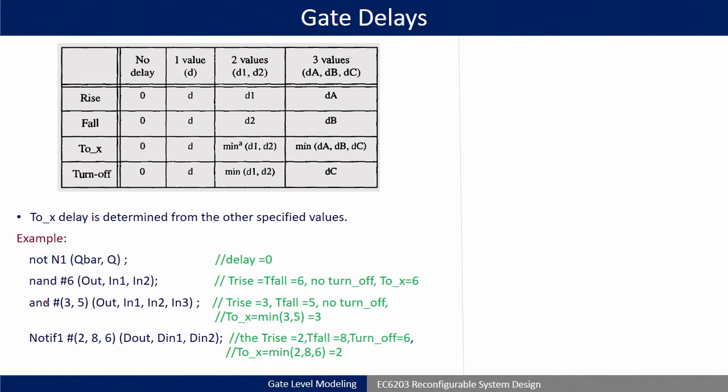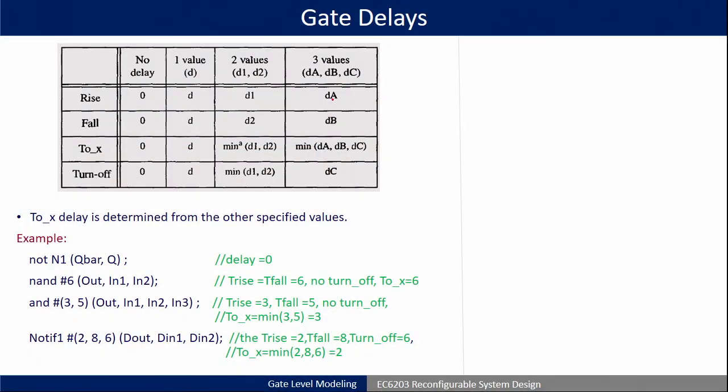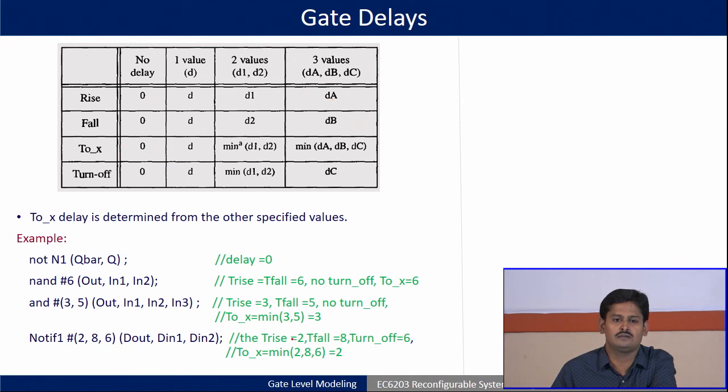Unlike all these gates, which only take 0, 1 or x, a 3 state logic, notif1 may attain a 4 state logic, output 0, 1, x and Z. So, if 2 is my dA, then the rise delay is 2, the fall delay will be 8, and the third one is called the turn off delay, that is 6 time units. So, if you find the transition to x delay, it will be the minimum of all these 3, dA, dB, dC, that is equal to 2 here, since the minimum of 2, 8, 6 is 2.